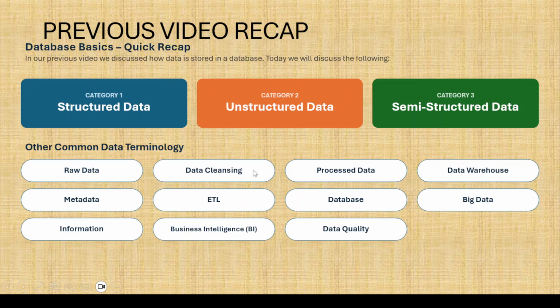That is raw data, data cleansing, processing data, data warehouse, metadata, ETL, database, big data, information, business intelligence, data quality. Most of us know these terms, but we do not know exactly what they are, and how different data can be stored and used in the database.